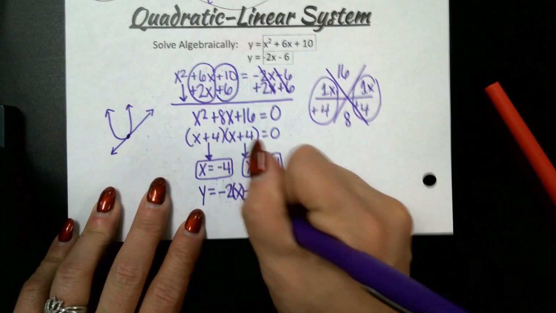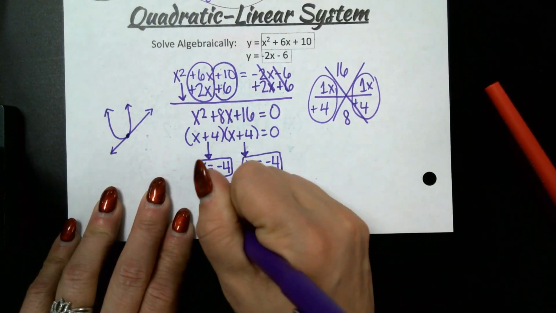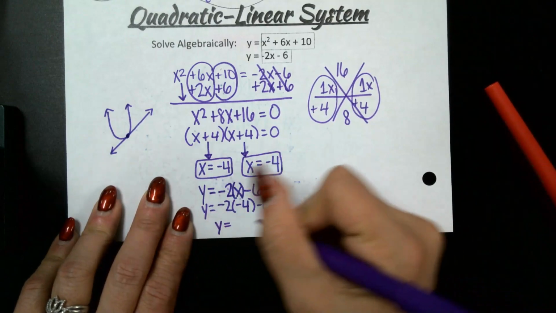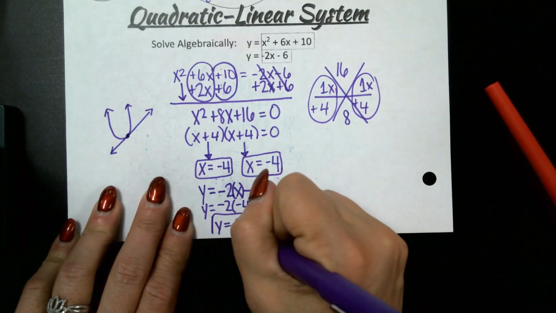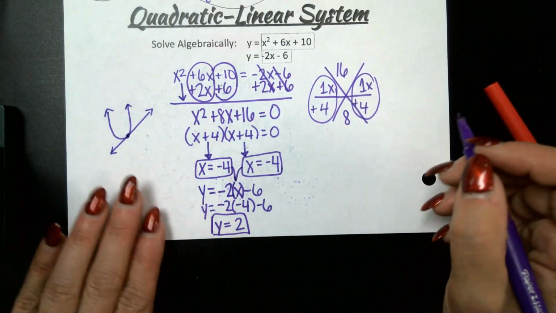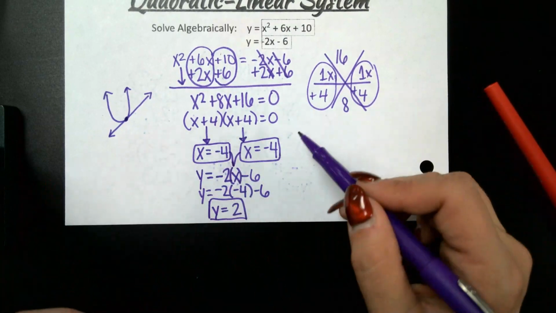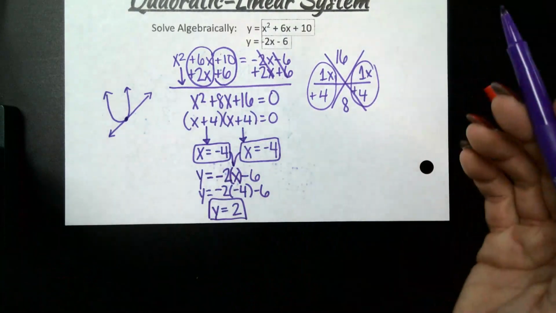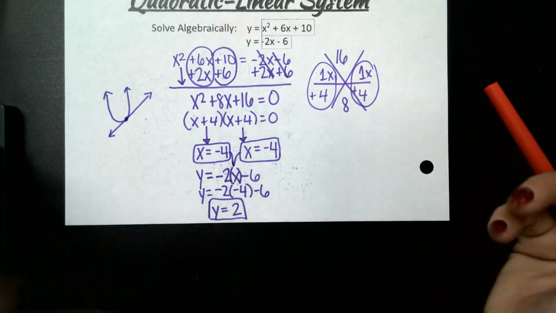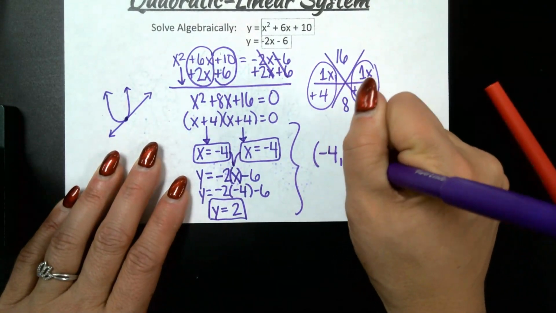So we're going to replace this with the -4. And what do you get? Yep. And again, it wouldn't matter which of those you did. You'd only have to do it twice if they were different, but since they're the same number, you can do it once, and then you just have to write one ordered pair.